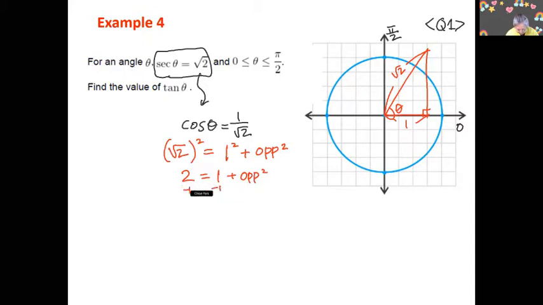Minus 1 makes opposite squared equal to 1. That means the opposite is also 1. So this is supposed to be 1, even though it doesn't look like the same length, it's supposed to be 1.